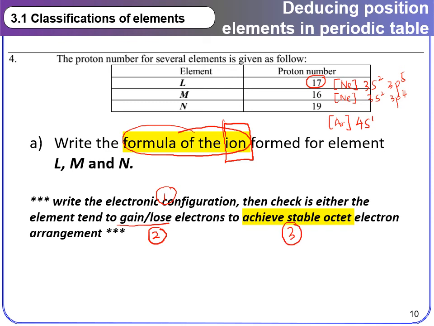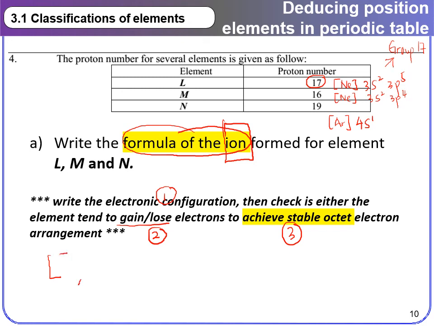According to L, it is up to 3s2, 3p5, so it is group 17. If element L is group 17, L tends to gain electrons. It gains 1 electron to achieve a stable octet electron arrangement, so the formula for the ion L will be L-.